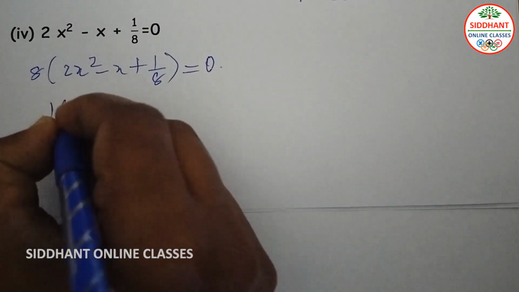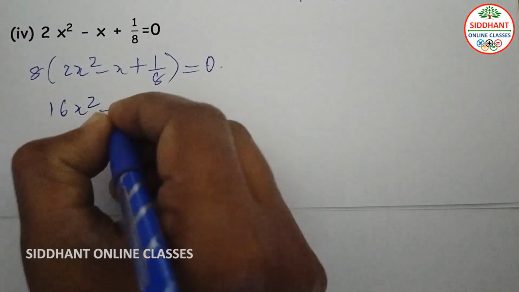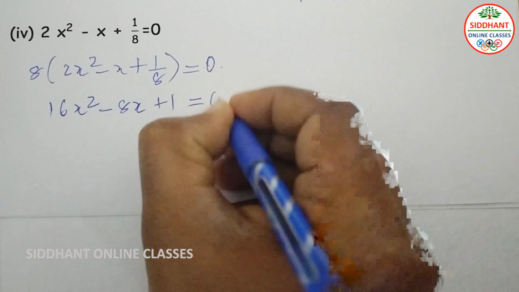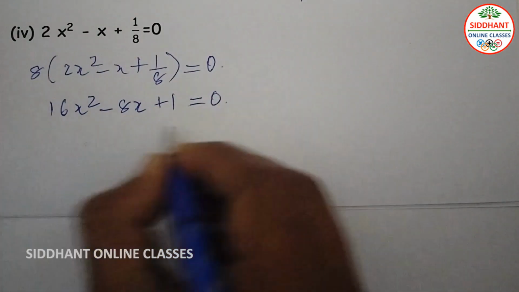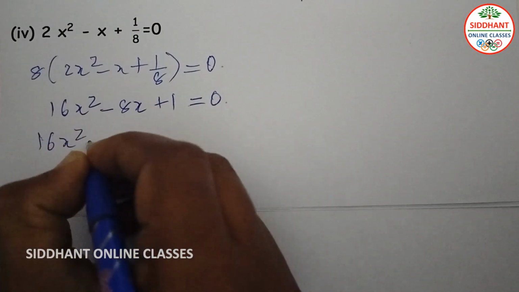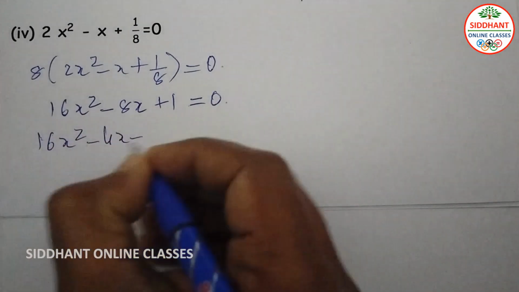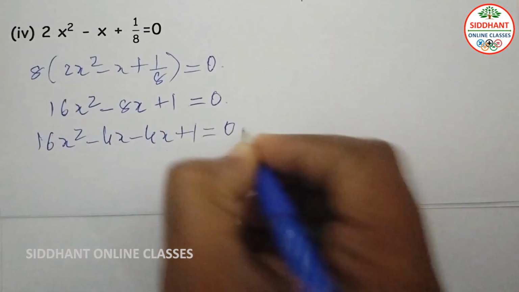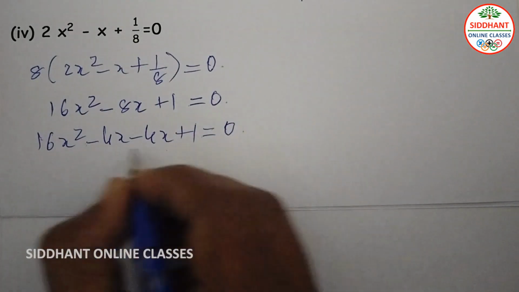So we get 16x square minus 8x plus 1 equal to 0 here. So now we are going to take the factors 4x minus 4x plus 1 equal to 0. So these are the factors.